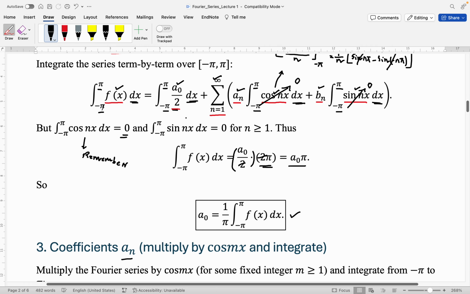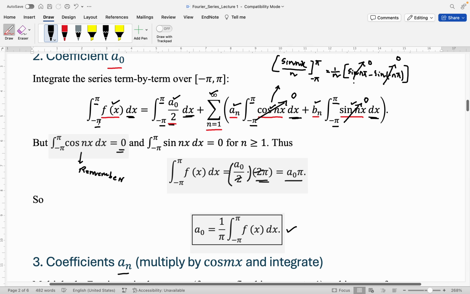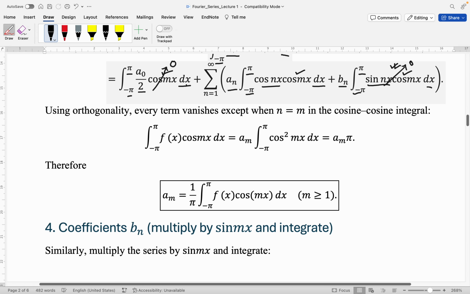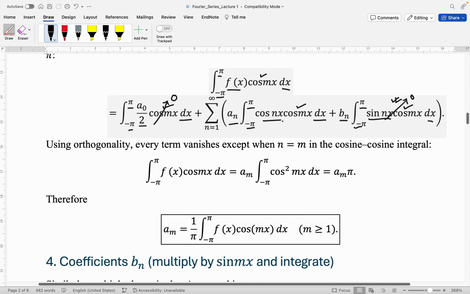So we are left with only this term, which needs to be integrated. Now if you consider n equal to 1, 2 and so on, and look at the orthogonality property, you can consider this to be n equal to m.